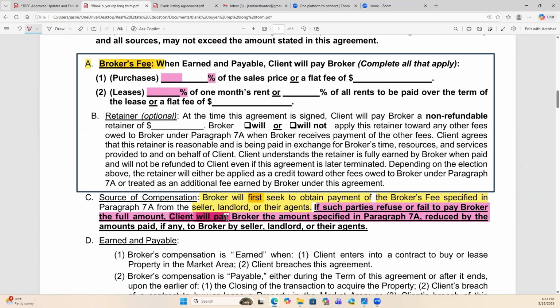Let me highlight that a few times. Not might pay, not I hope they pay. No, no, no. You will pay. Strong attorney language. Jasmine, your broker, I'm sending the invoice to your buyer for the remaining amount, period. I want all of the funds that are due per the contract that you signed.